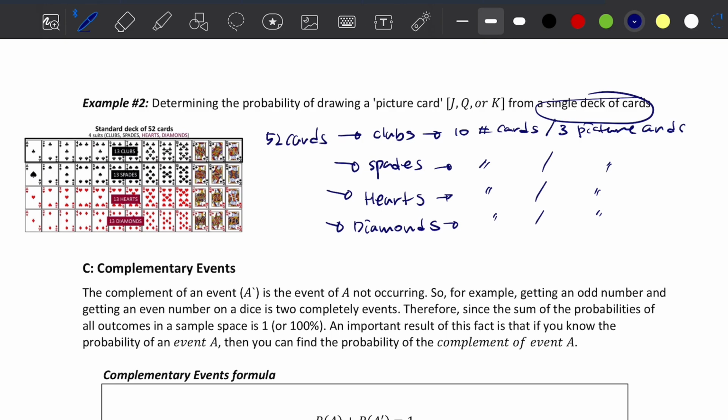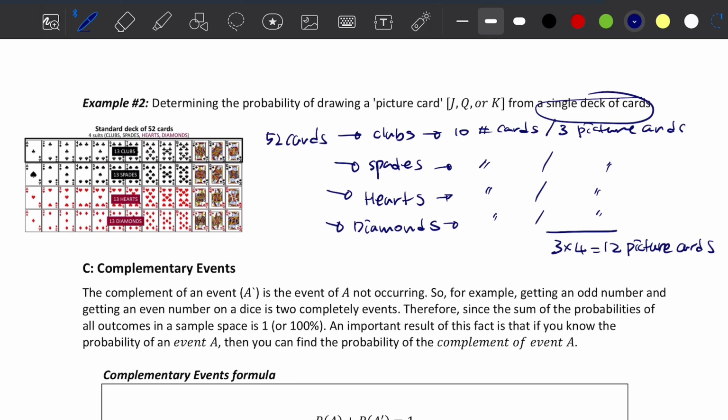And with this example number 2, we need to determine the probability of drawing a picture card, right? First of all, since we have 3 picture cards per shape, we actually have 3 times 4, so 12 picture cards in total. And we have 52 cards in total too, right?